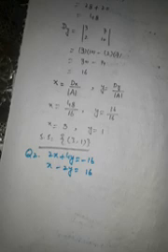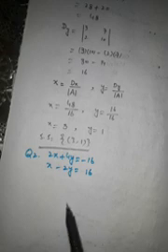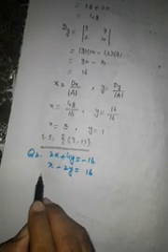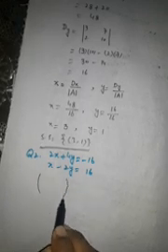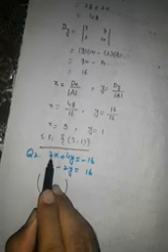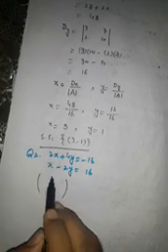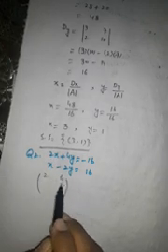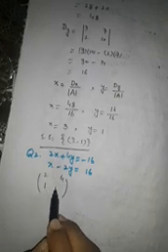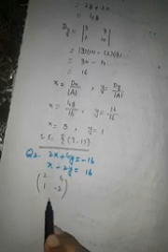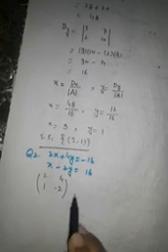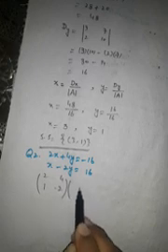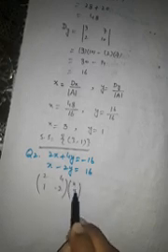Again we write it in a matrix form. In the first matrix we write their coefficients. Its coefficients are 2, then 4, then 1, then minus 2. It becomes our coefficient matrix. Then the matrix of variables.